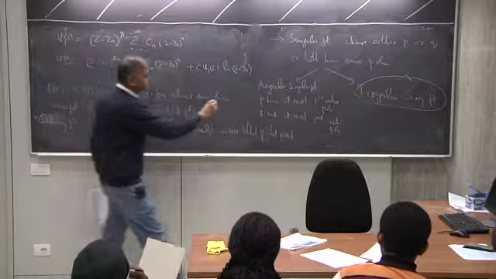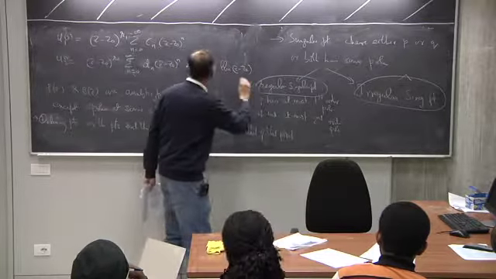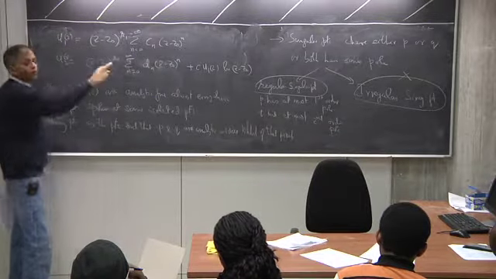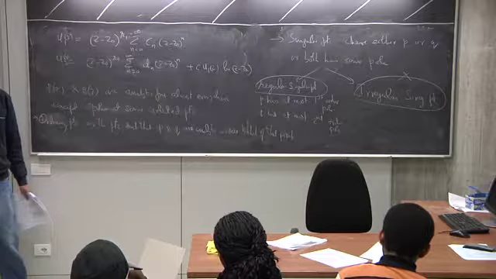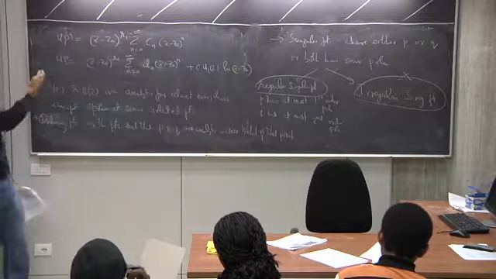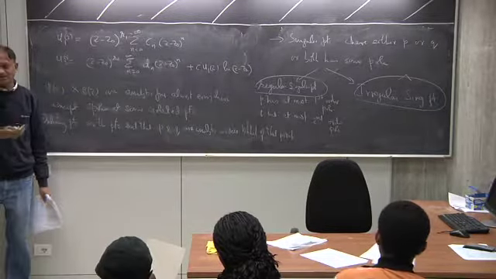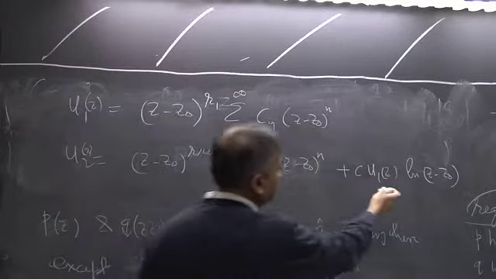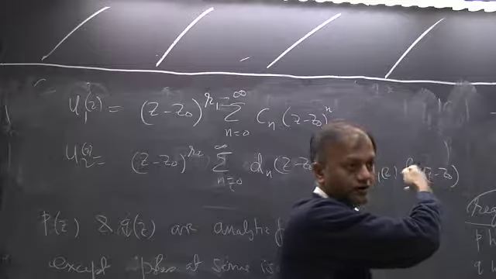When? For the regular singular point. If Z0 is a regular singular point, either R1 or R2 or both of them would be non-integers, which signifies that at least one of the solutions will have a branch cut. And in some cases some logarithms also appear.